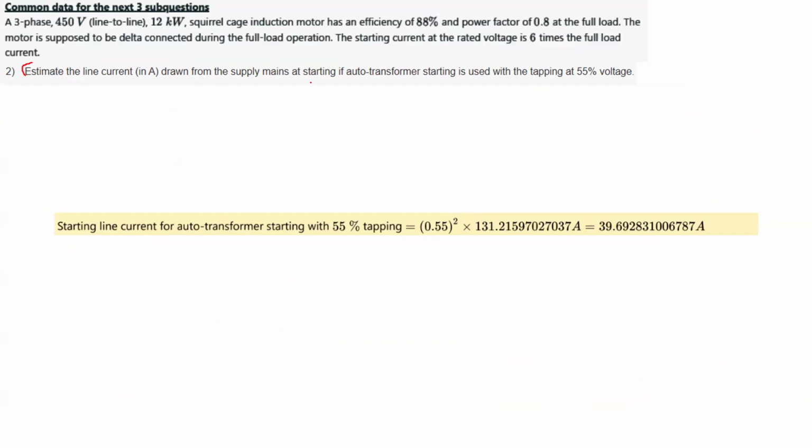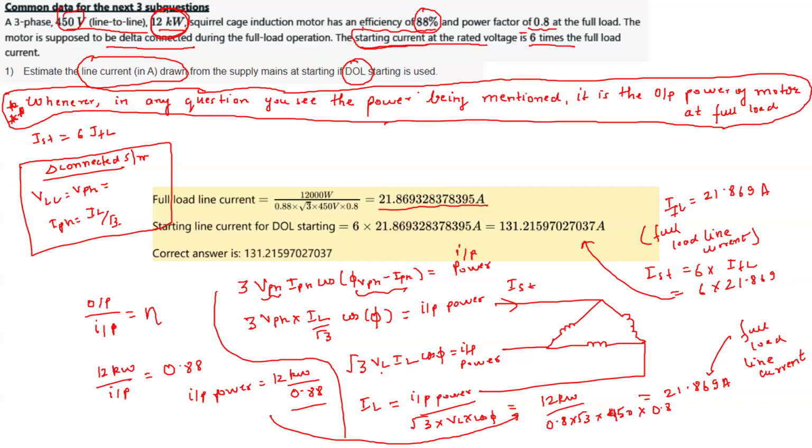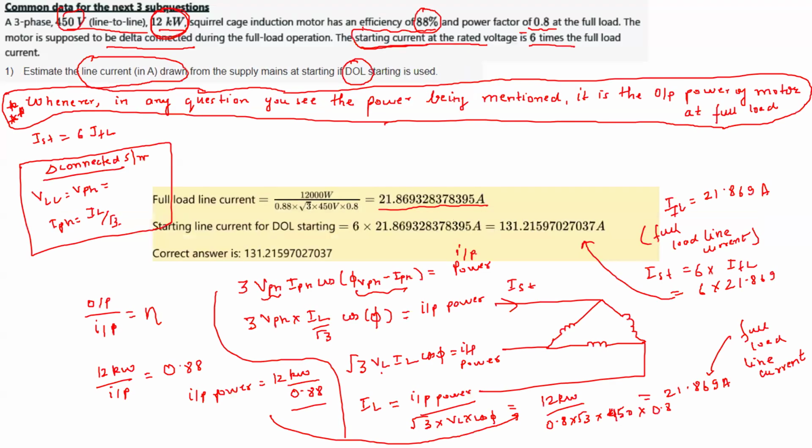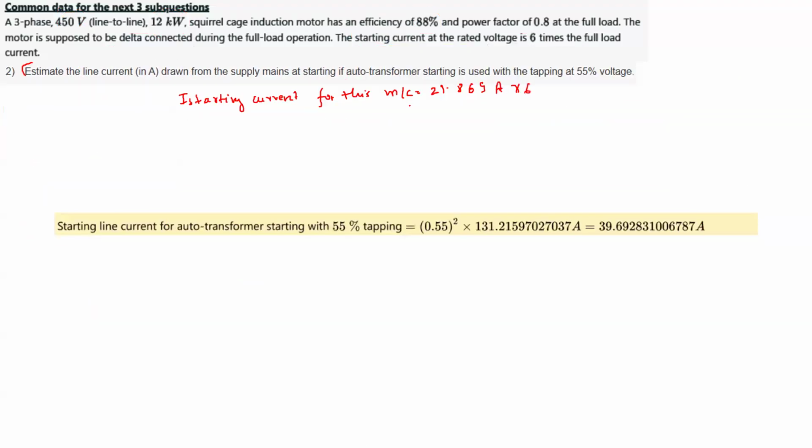First of all, from the previous question, the starting current which we found for this machine is 21.869 into 6, because it is 6 times the rated value. So it is 131.21 amperes.